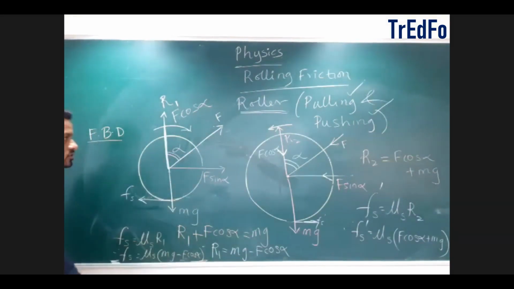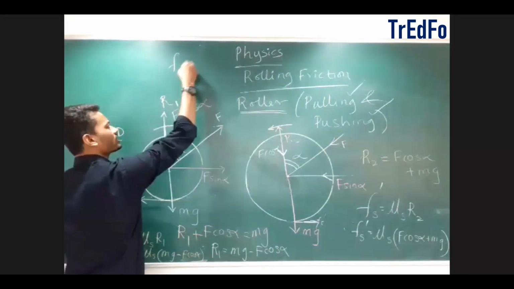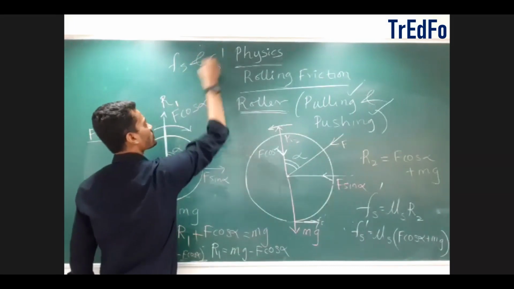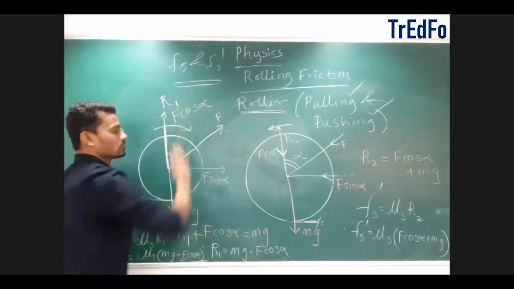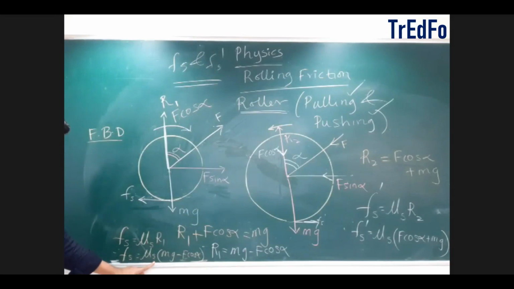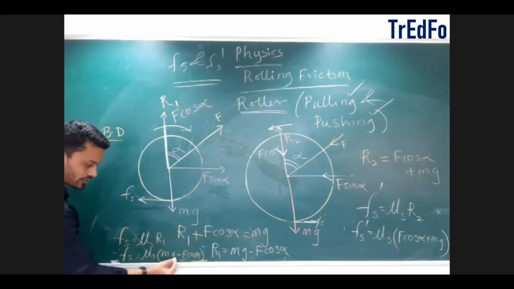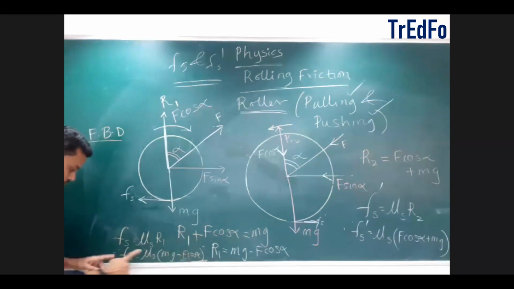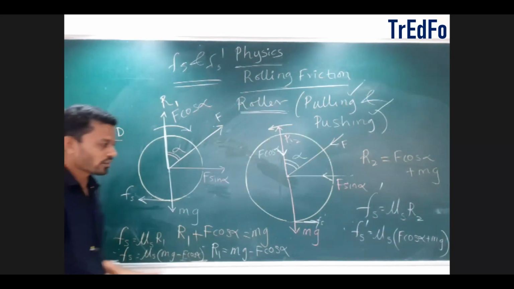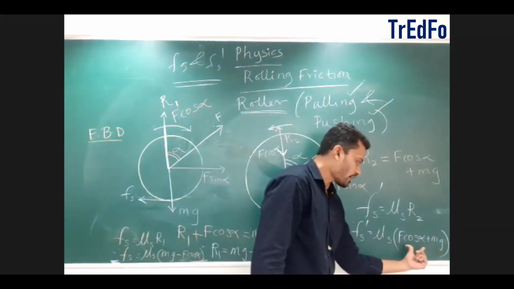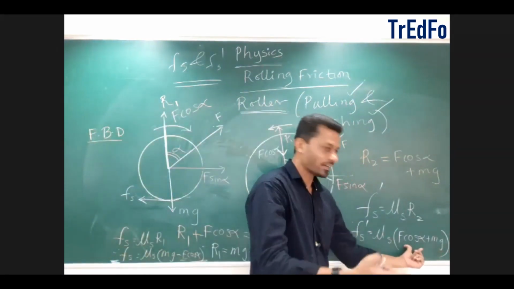If you look at these two equations, Fs and Fs dash, what do we come to know? In Fs, my weight is getting reduced by the component F cos alpha. So my static force of friction will be less. Whereas in Fs dash, F cos alpha is added to it.